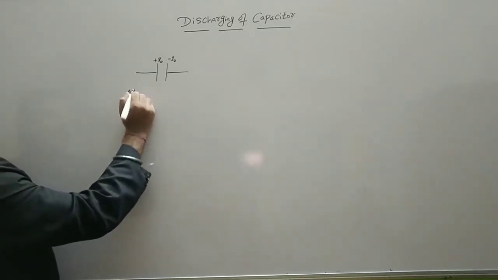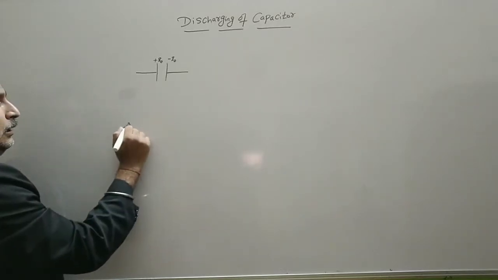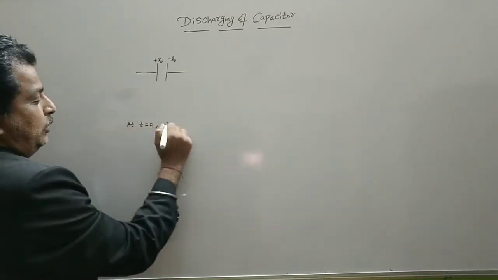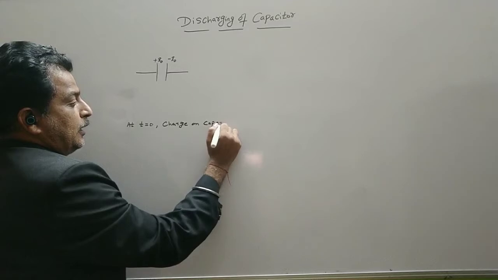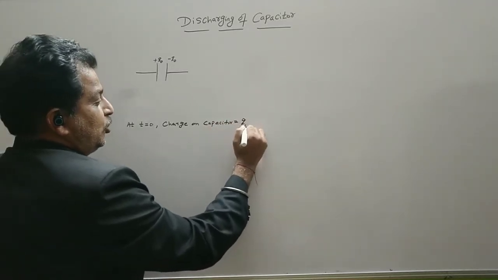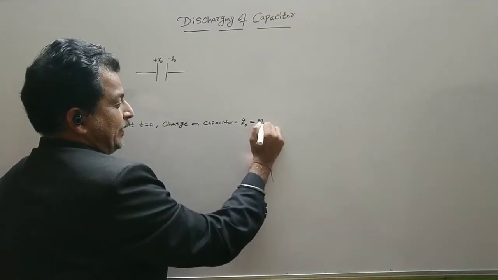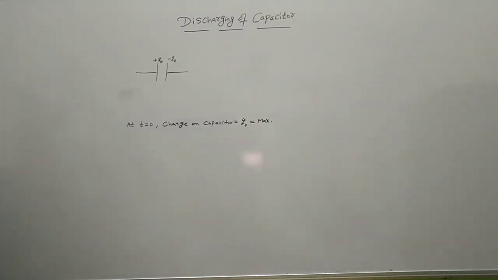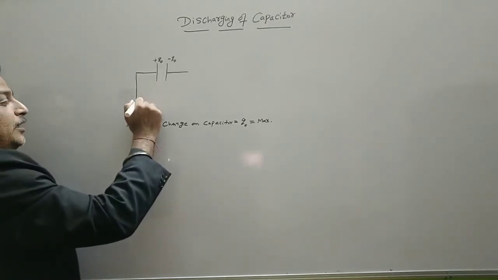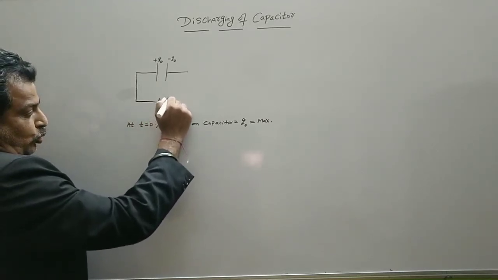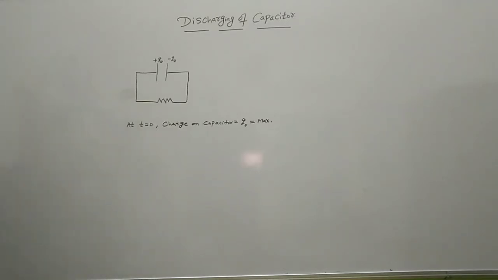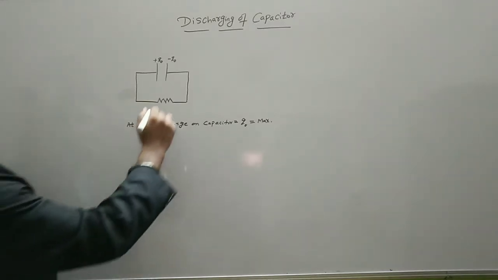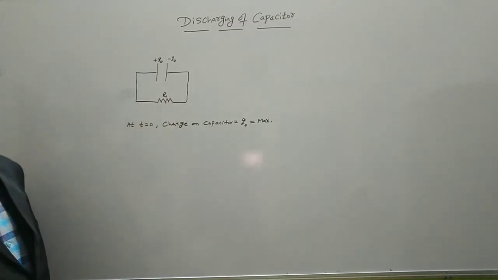So at t equal to 0, the charge on the capacitor is Q naught, and it is the maximum charge on the capacitor. This is the situation. Now the capacitor is discharged through a resistor: we connect a resistor having resistance R. As soon as the resistor is connected, what happens?